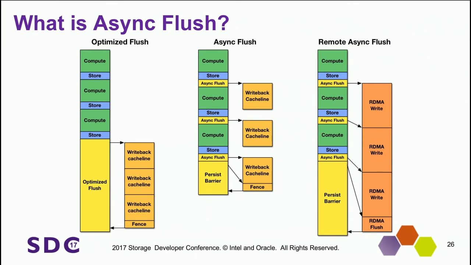So for example, you might write multiple records to a log and only need to know that those records retire in order. And at the point when you want to commit the entire transaction, then you need to wait until everything's in the persistence domain. So for those intermediate writes, you don't need to necessarily stall the program execution for the entire time. So if we could find a way to pipeline subsequent computation and asynchronous flushes after this RDMA flush, then we could regain some additional parallelism and hide more of the latency. So hopefully Tom will talk about that more in his RDMA talk later.